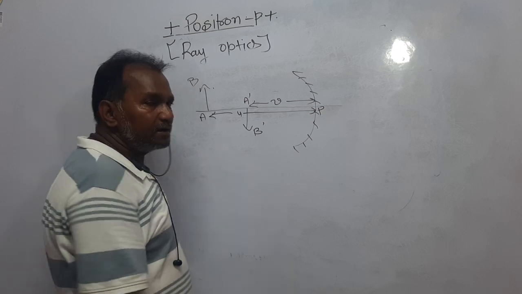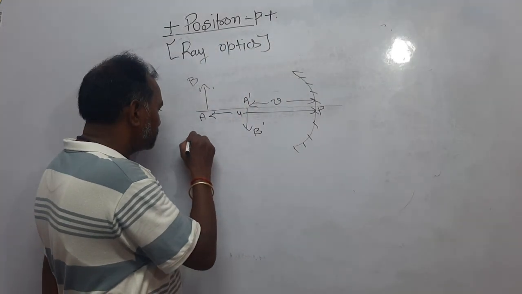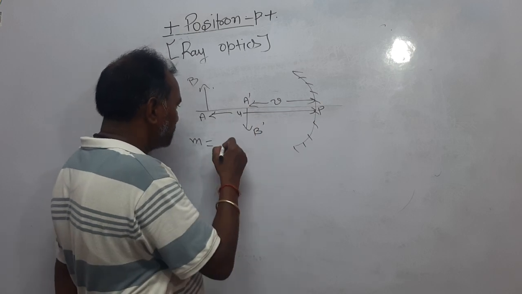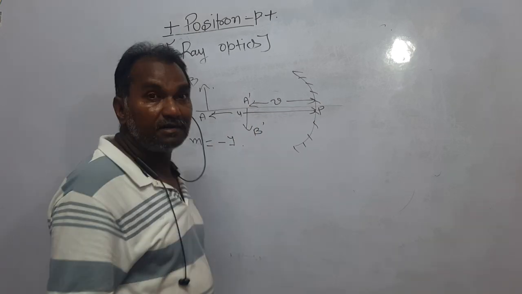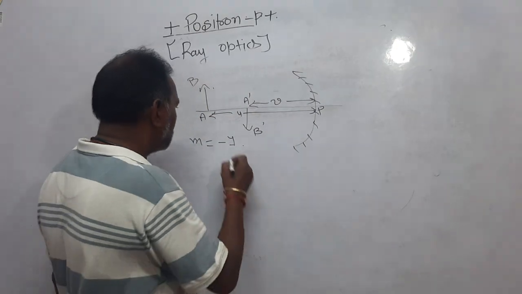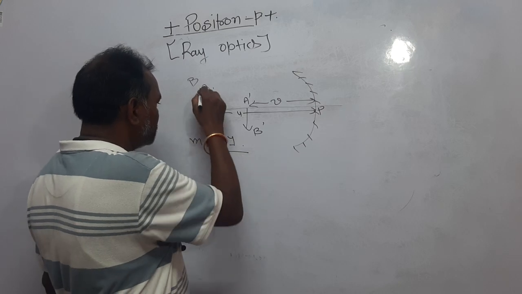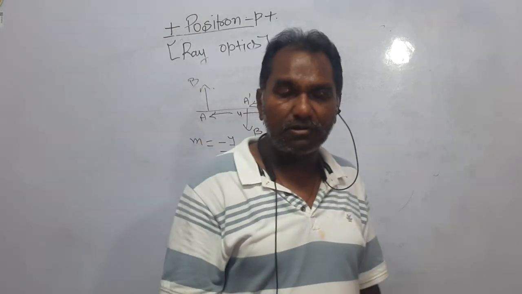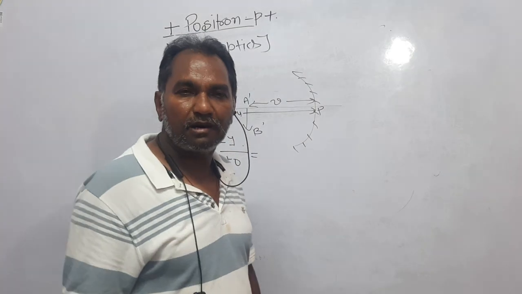The magnification is a ratio of size of image to the size of object. M is equal to, this is the size of image. You have to consider it negative. Why? Because it is downward to the optical axis. Over size of object, you have to consider it positive. And now that is equal to the ratio of distance of image and distance of object.